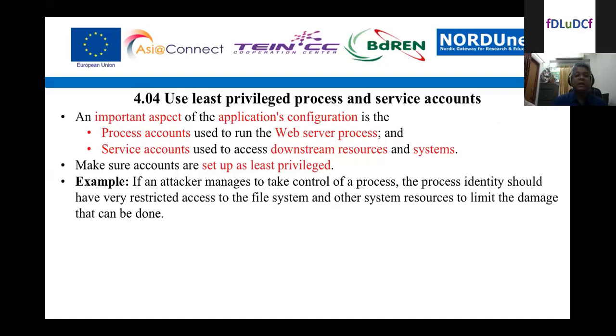Always make sure that accounts are set up as the least privileged account, and if you need more or higher access, you can give the specific administrator a high level of access to the file system. Otherwise, if you put all the administrators at a high level of privilege, it may damage the system. So always put the least privilege, and then based on your requirement put the higher privilege.